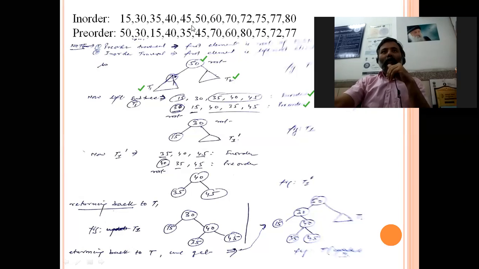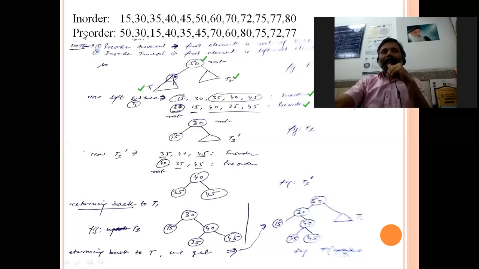So before 50, this will be the in-order traversing of T1: 30, 35, 40, 45. This is the left subtree T1's in-order traversing.